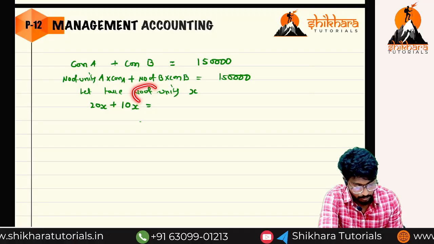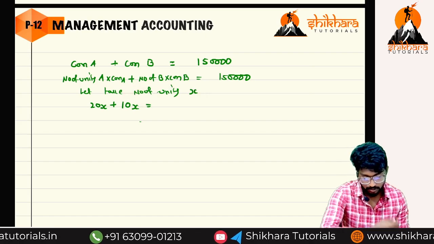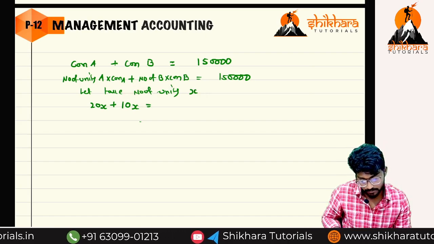I am taking the number of units as X for both. We did a mistake somewhere, right?